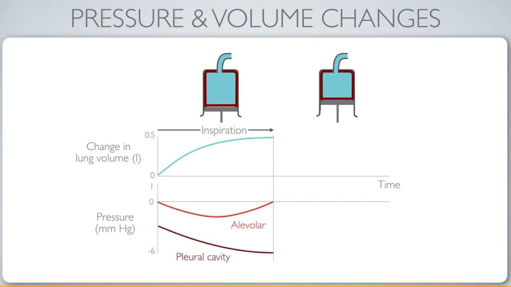Instead, as the thoracic cavity expands in its volume, there's a momentary drop in pressure. But because the system is open, that drop in pressure is compensated for by the gas molecules that move into the lungs from the outside. So this drives airflow that is then filled up by the increase in the lung volume.